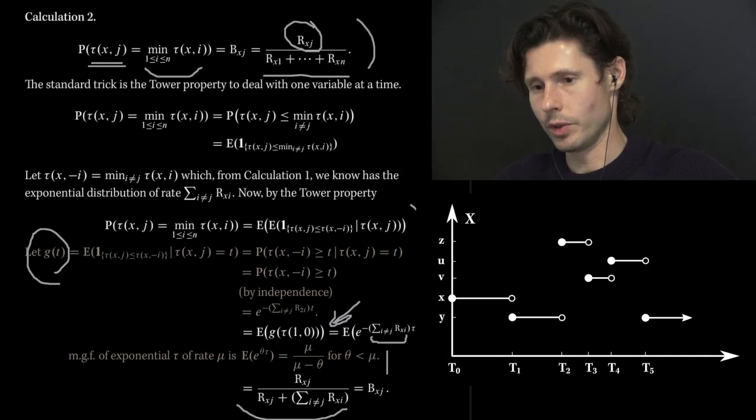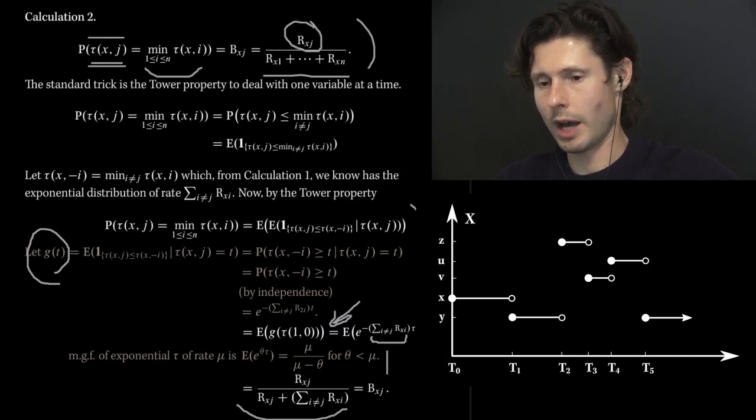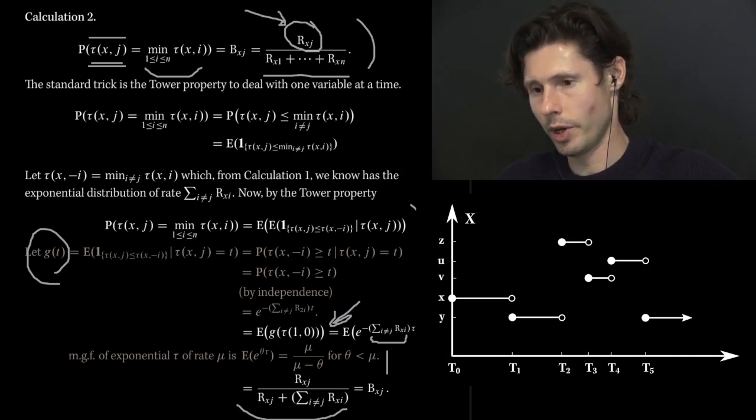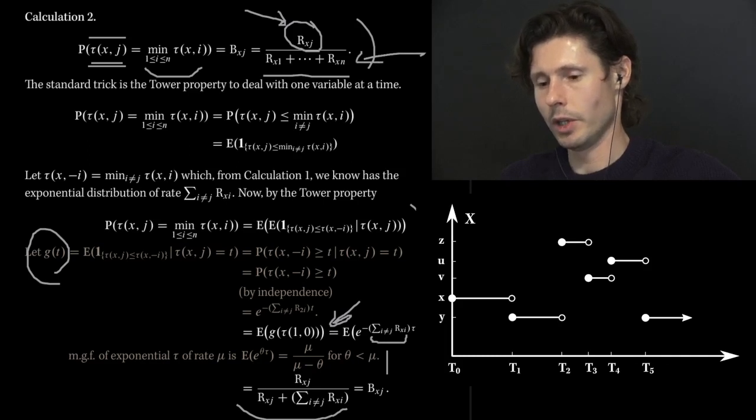So I'll let you review this calculation in detail if you like, but it parallels the one for the 2 clocks and simply says that if you have n clocks and you want to pick the winner, which one of them happened first, tau xj is the winner with probability equal to its rate in the numerator divided by the sum of the rates in the denominator.